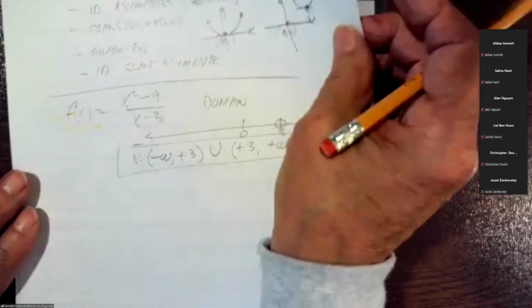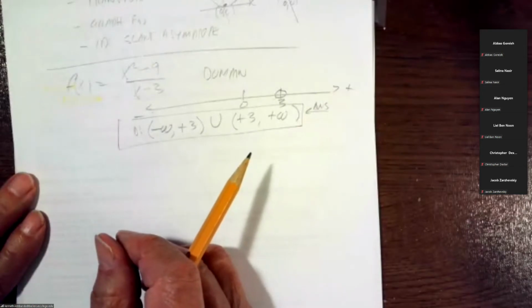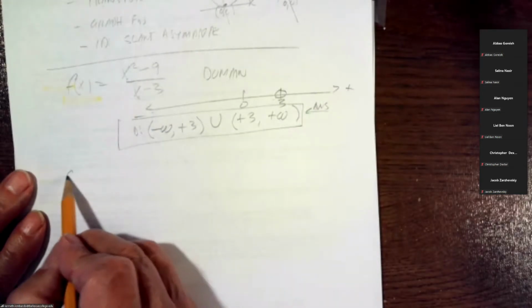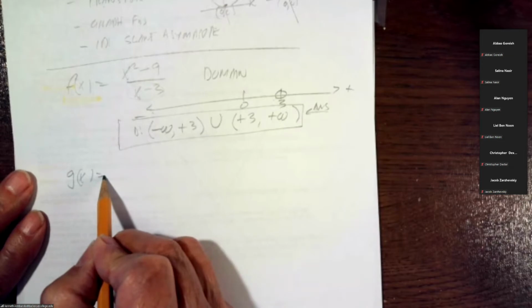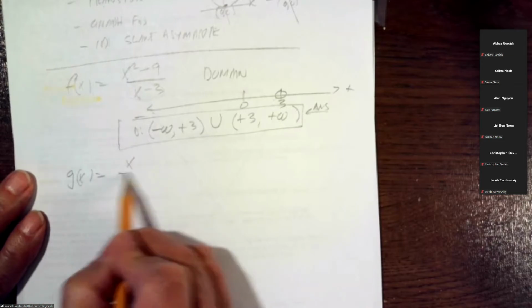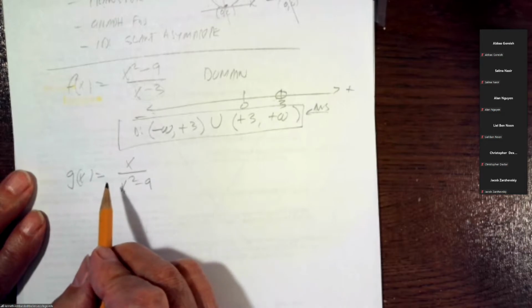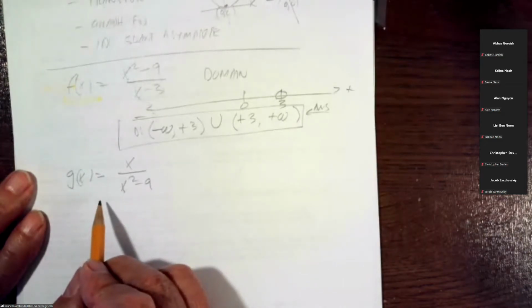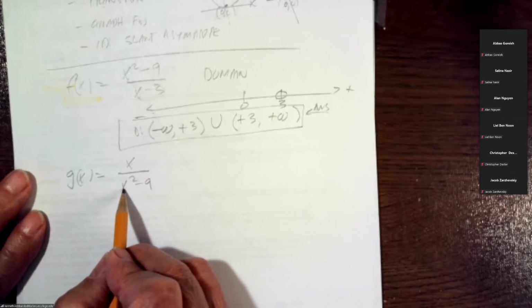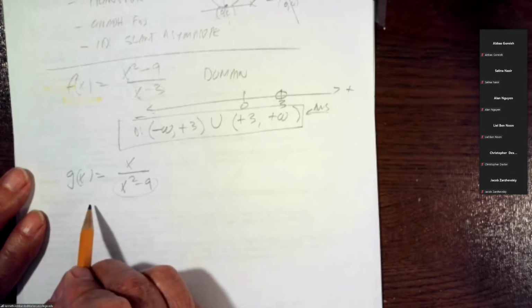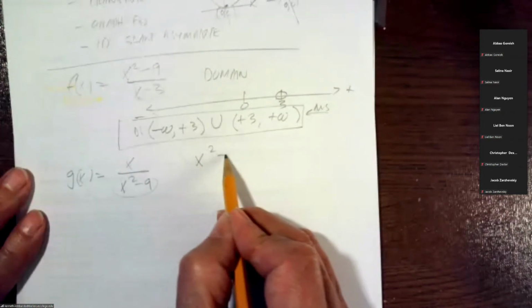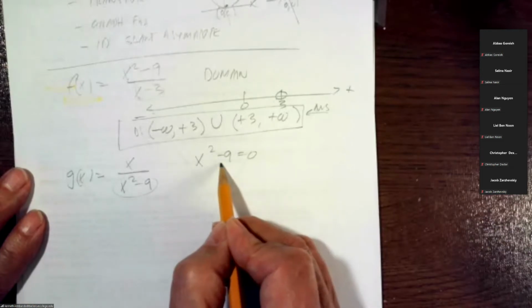Okay, if I give you something that says g of x equals x over x squared minus 9. And you'd say, well, let's see, is there anything that would cause this denominator to go to 0? Well, let's just find out. X squared minus 9. Set that equal to 0 and find out what values of x cause that to go to 0.